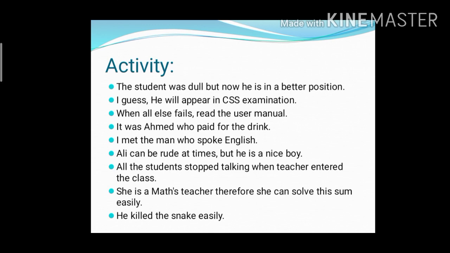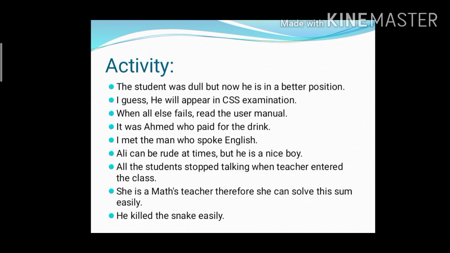All the students stopped talking when the teacher entered the class. Here guys, we have already studied that when, where, whenever, as are used to make a complex sentence. She is a math teacher, therefore she can solve this sum.